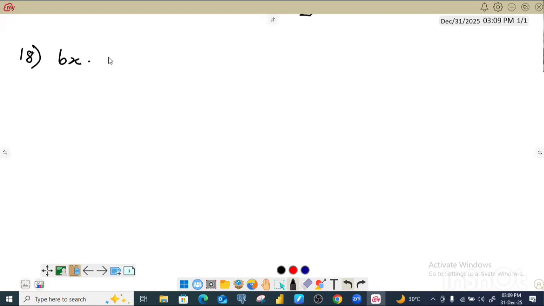We have bx minus ax plus x squared minus ab. And according to them, x minus a is one of the factors.